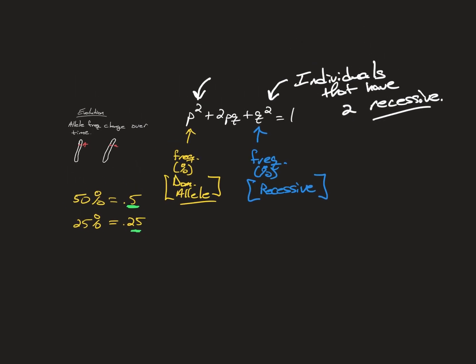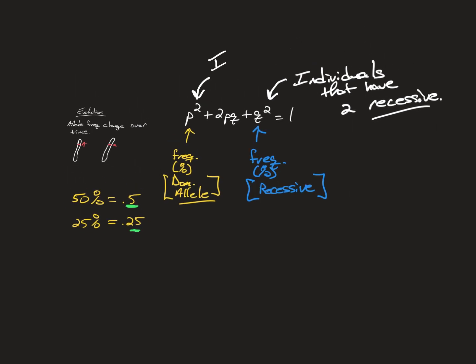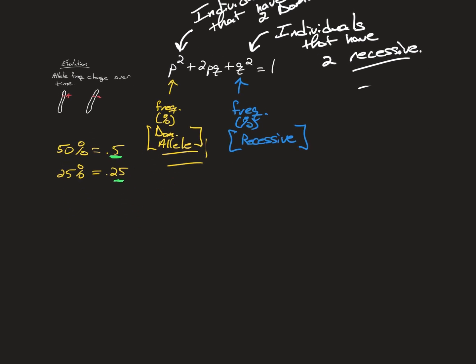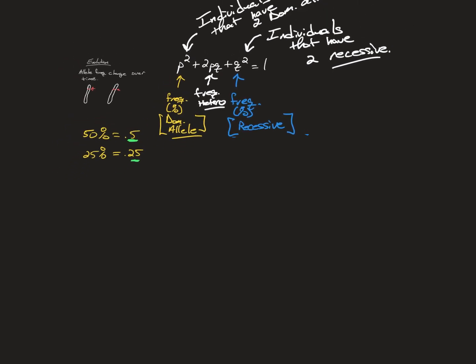All right. And of course, these are the individuals that have 2 dominant genes, alleles. And of course, what are the middle ones? The frequency of heterozygotes, right? Or percentages of heterozygotes.